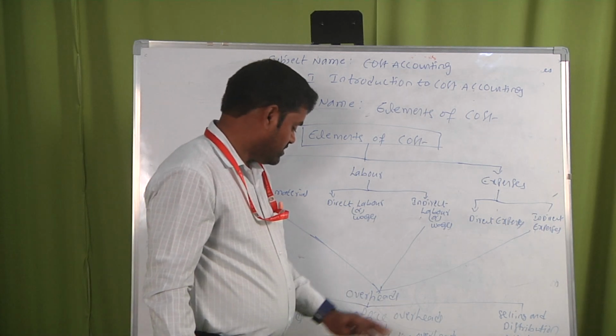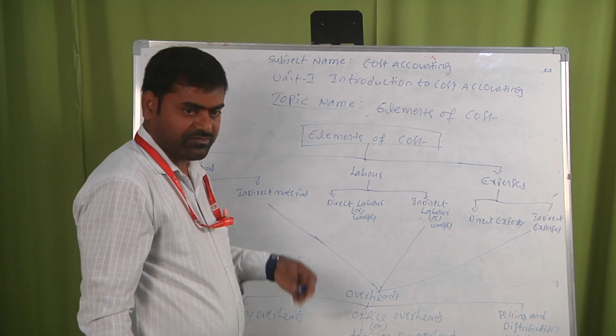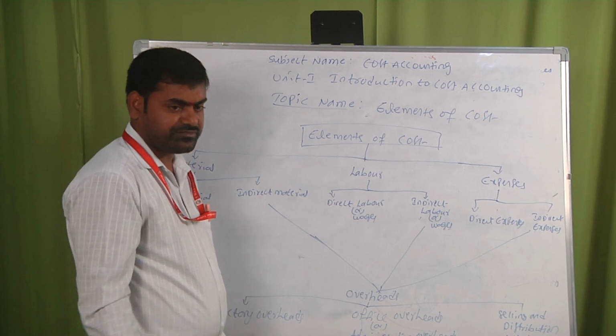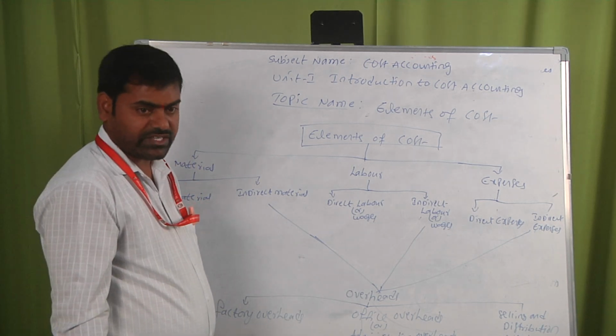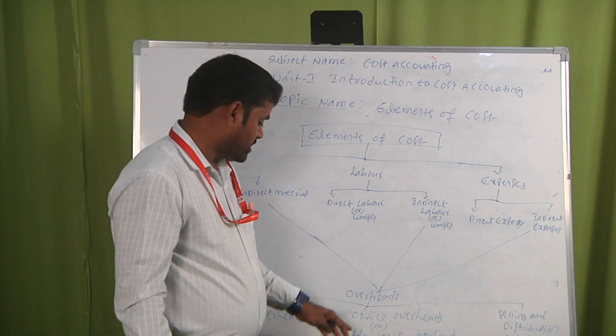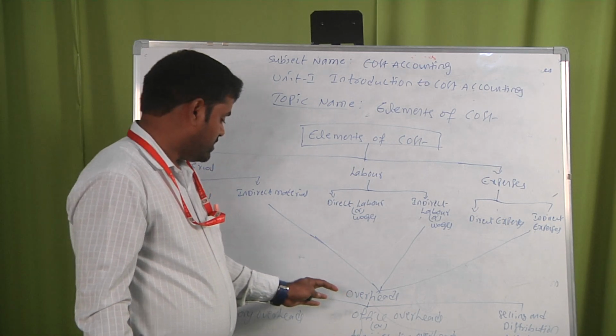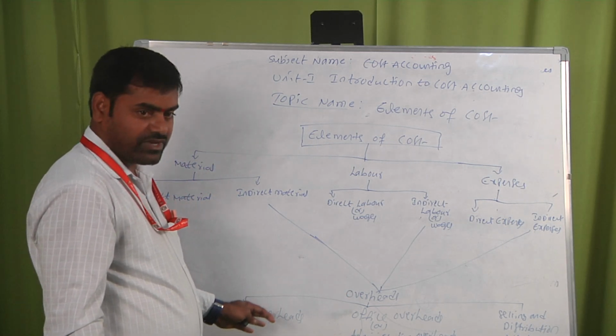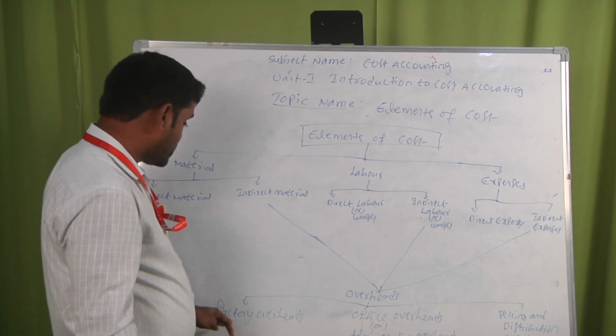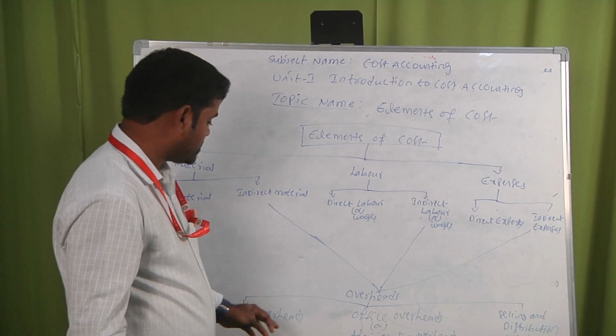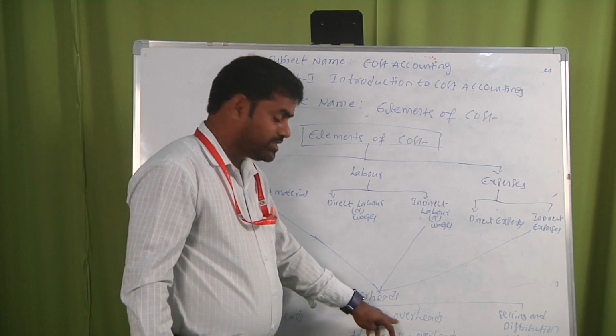And then office or administration overheads. After completion of the work in progress, we add the factory overheads. Factory overheads added to the prime cost give us the work cost. Then after getting the work cost, we immediately add the office overheads.